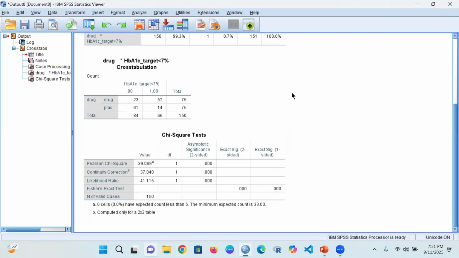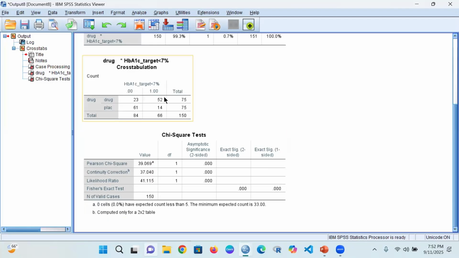In interpretation of the analysis we have conducted here, we say at 6 months, significantly more patients in the drug group achieved HbA1c less than 7% compared to placebo, that is the patients in the control.